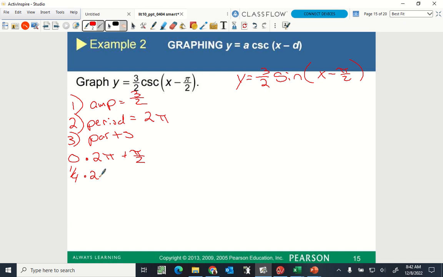Quarter times 2 pi, 1/2 times 2 pi, 3/4 times 2 pi, and 1 times 2 pi.